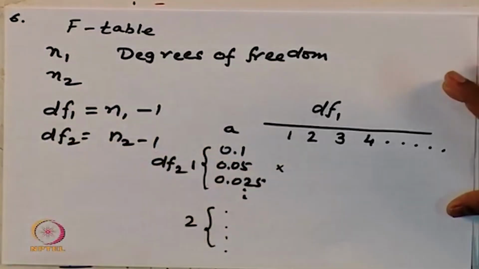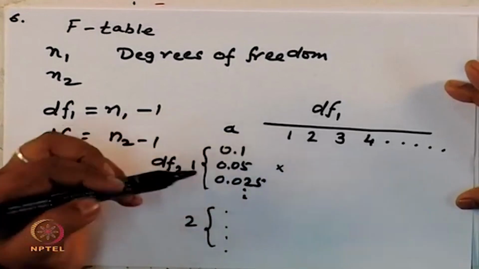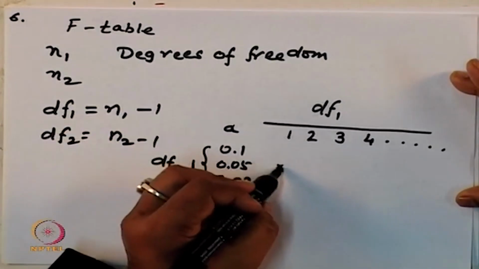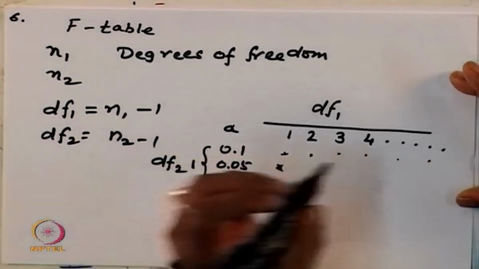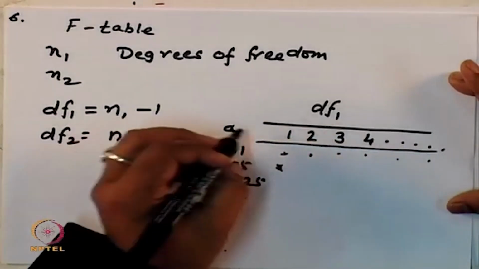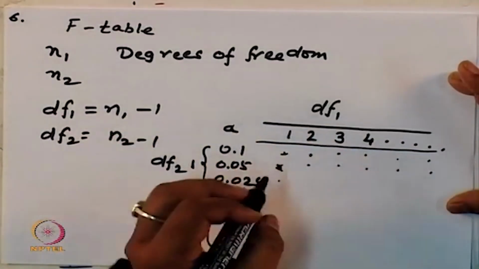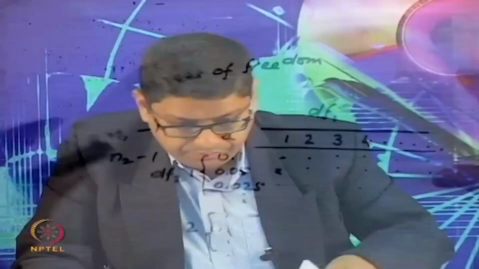For example, if my df1 was 1 and df2 was 1 and my significance level was 0.05, then this is the value I will choose. So, you have values specified for each combination.